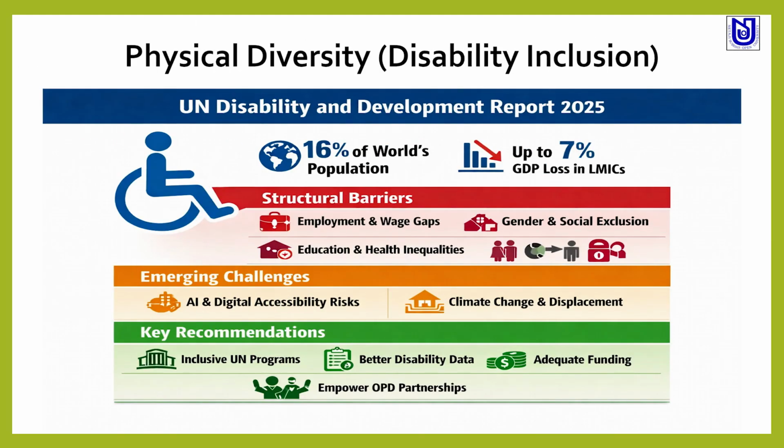Now come to the physical diversity, that is disability inclusion. It means here it breaks down the systematic barriers to education, that is Goal number 4, decent work, that is Goal number 8, and accessible cities, that is Goal 11. Here, the United Nations Disability and Development Report 2025 shows that persons with disabilities make up 60% of the world population, and exclusion, underemployment or unemployment cost up to 7% of GDP.